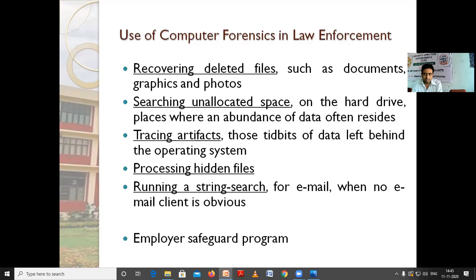So the employer safeguard program suggests or identifies which kinds of activities the employee was involved with, tracking all these activities. It is deployed in most reputed organizations to keep a vigilant check upon the numerous activities the employee is involved with.